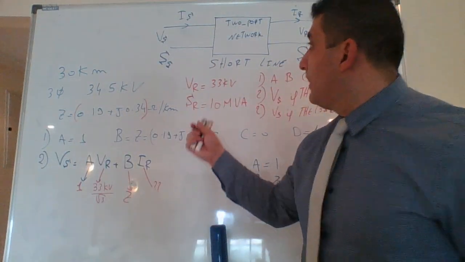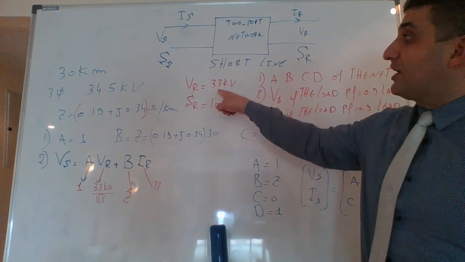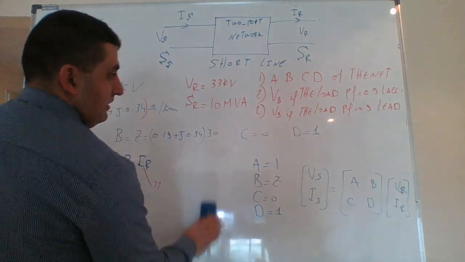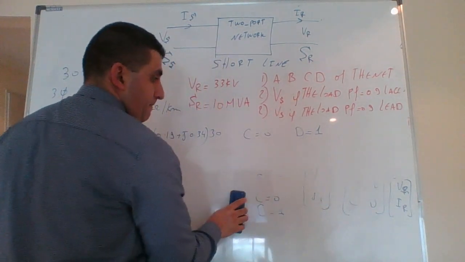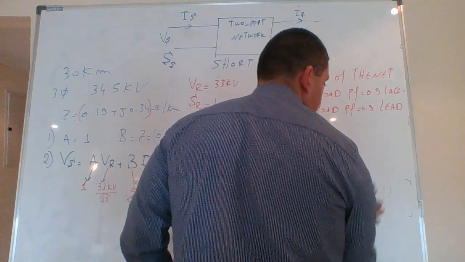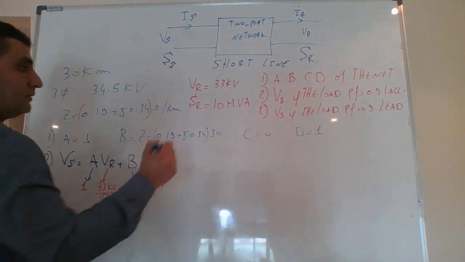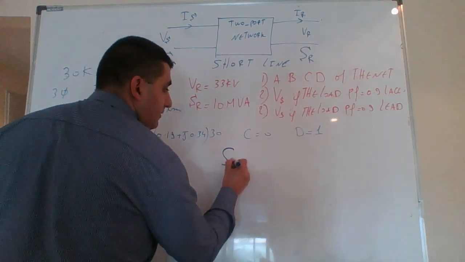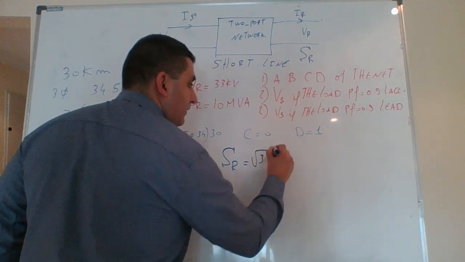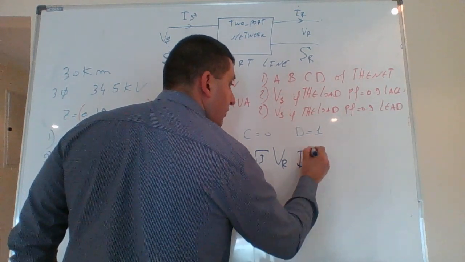Now I need to find IR. It's easy. I have the power factor at the load, the voltage at the load, and the power at the load. Let me delete this now. I have SR equal to root 3 VR line to line times IR conjugate.